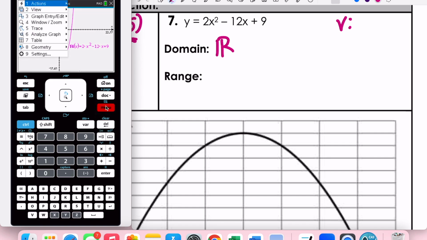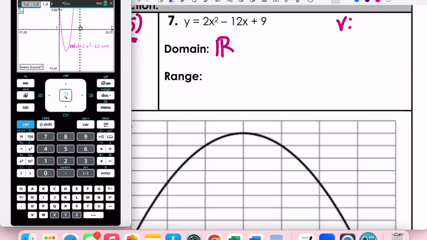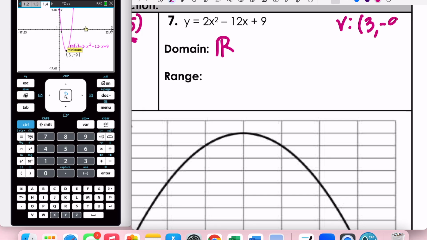So I'm going to go ahead and press menu, 6 to analyze graph, and 2 for minimum. So here I'm going to place this dashed line on the left side of the vertex. I'm going to press the enter button, and then I'm going to scroll over. And I see that I have a vertex at 3, -9. So when it comes to identifying my range, I can set up a boundary line here at my vertex, but when it comes to setting up a boundary line at the top, I know that my graph is going to continue to keep going on forever and ever.